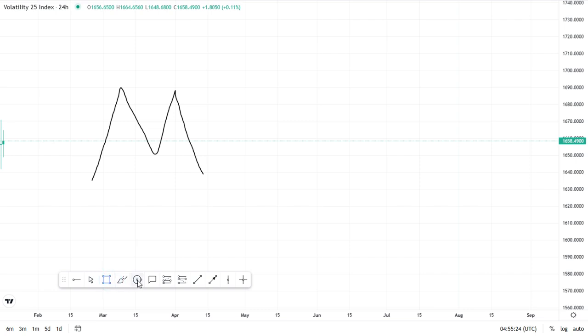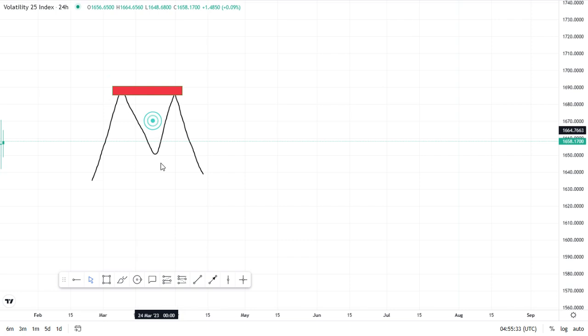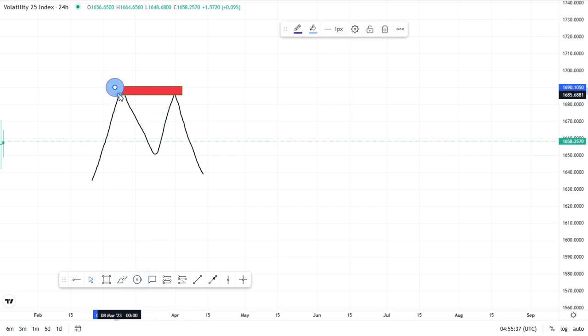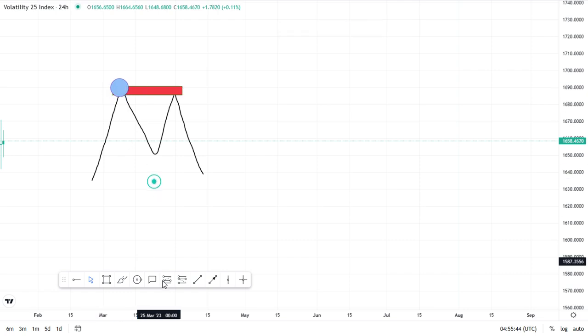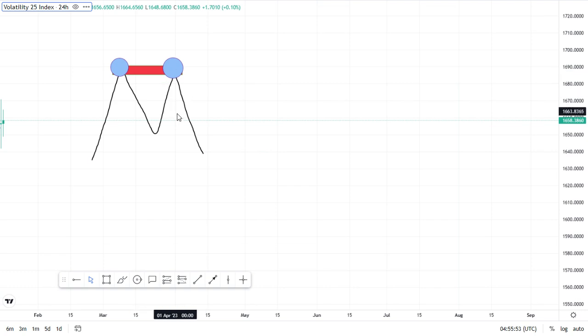Because the price retested a particular zone twice, that's the reason why it is called a double top. We have the first touch and the retest right here. That's why this is called the double top, or M pattern. You see this pattern looks like an M, right?